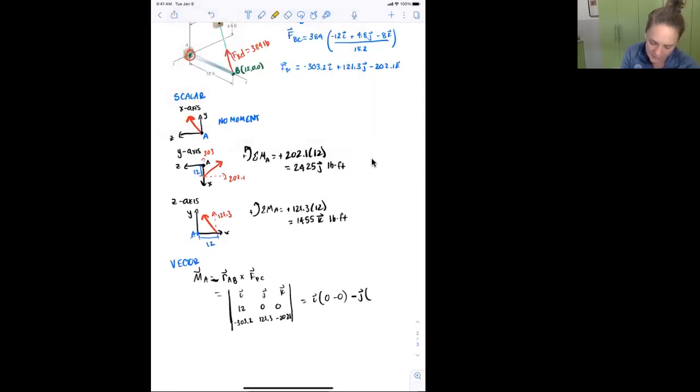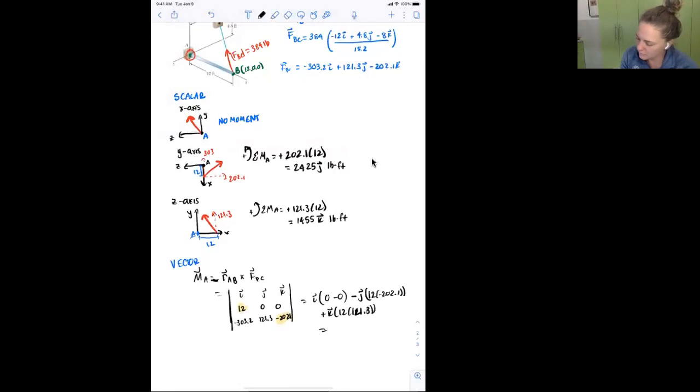When I do the J hat, I need to multiply 12 and negative 202.1. So I have J hat times 12 times negative 202.1. Then I would subtract from that 0 times negative 303.2. So I'm going to ignore that. Then I add K hat times 12 times 121.3.